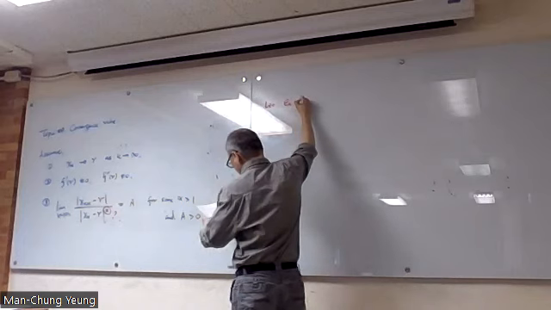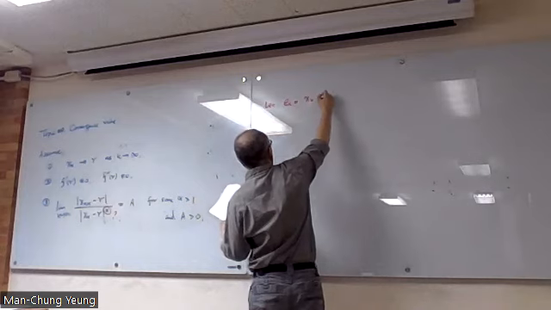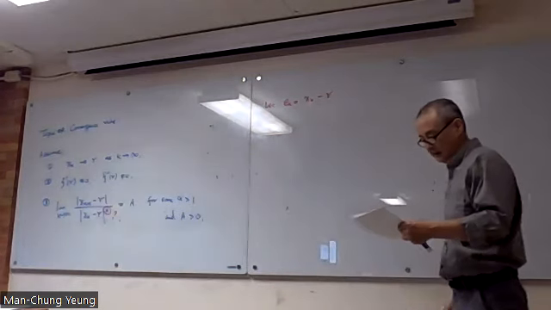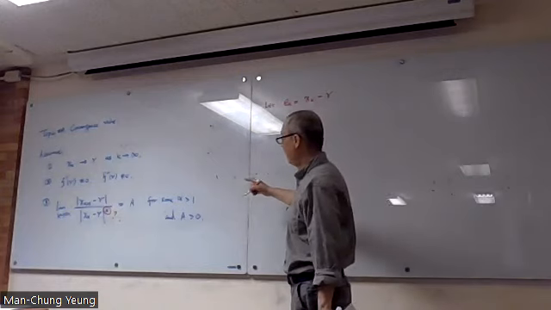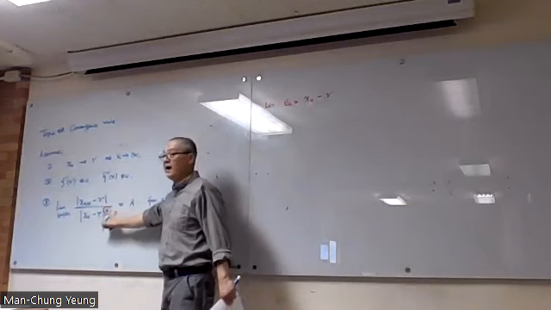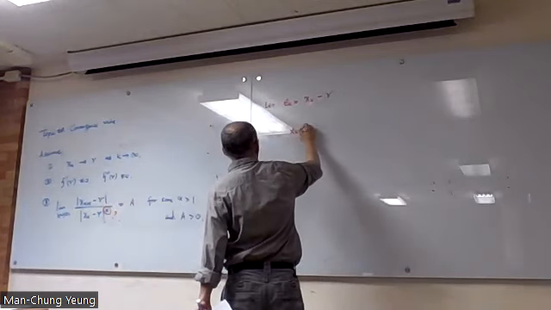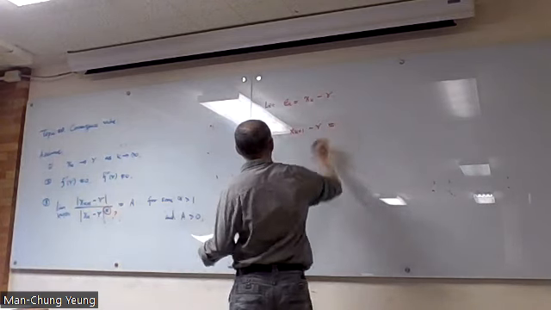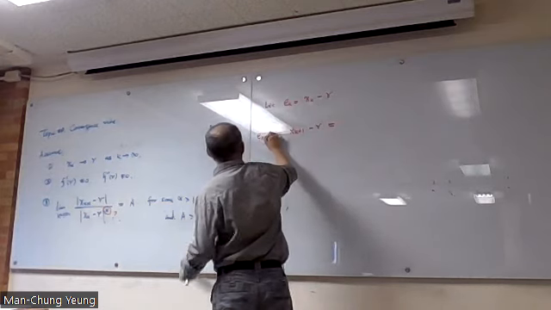By ek, I mean xk minus r. Then I want to determine alpha. Then xk plus 1 minus r is equal to, of course, this is error k plus 1.